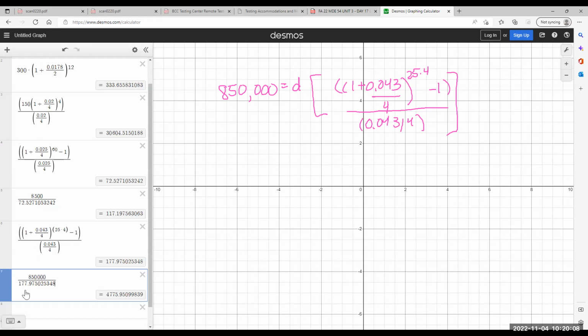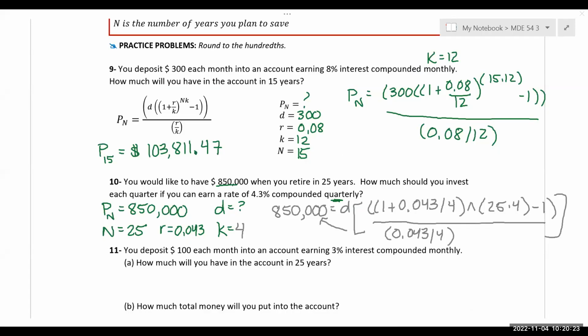So again, I've got my Desmos up. Look at how I typed it and make sure you've got it. And I have run out of room.